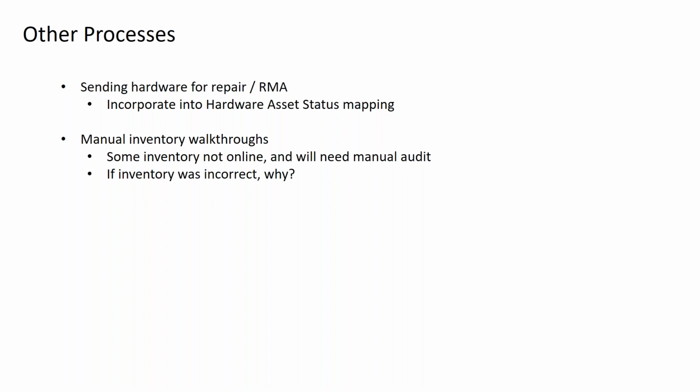So there needs to be manual walkthroughs done for some of those offline assets, and even just a sanity check sometimes. Are we following our processes? Is the equipment that I can physically see in this room reflected properly in the system? And if not, why? We need to look at those assets and see when they were deployed, by whom, and maybe what went wrong.